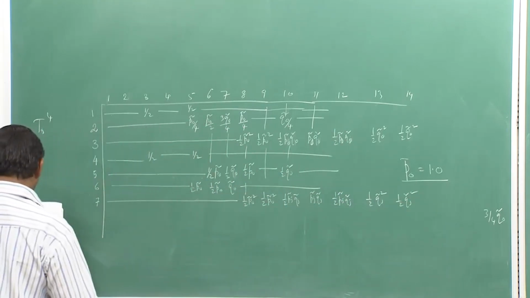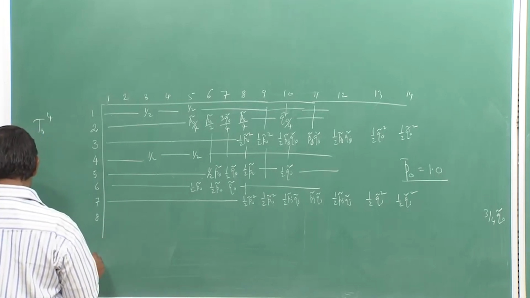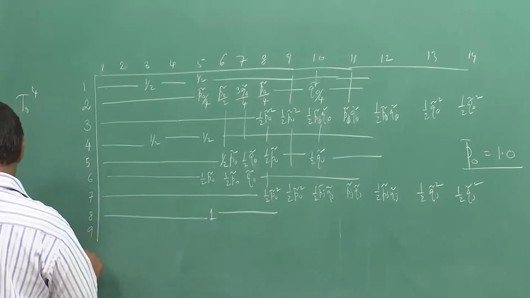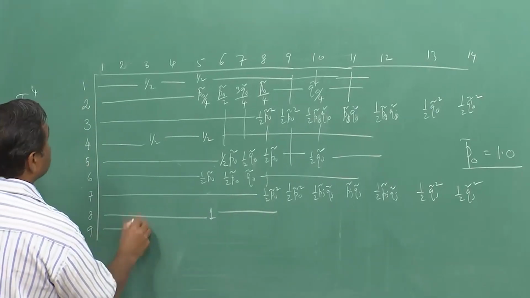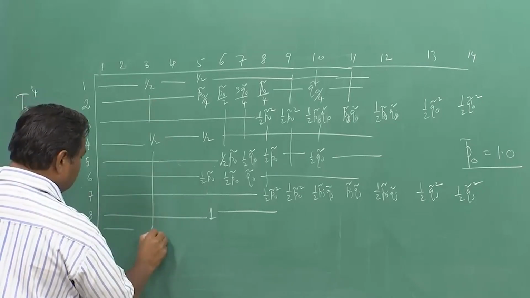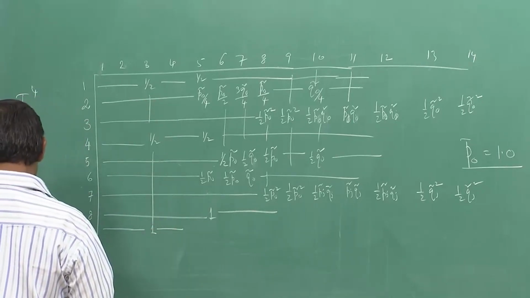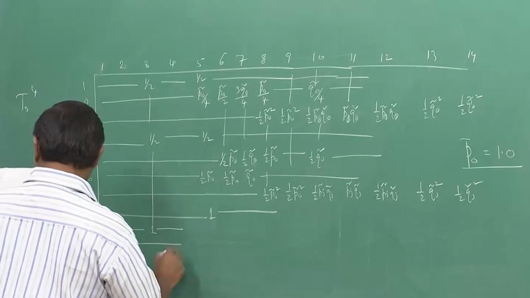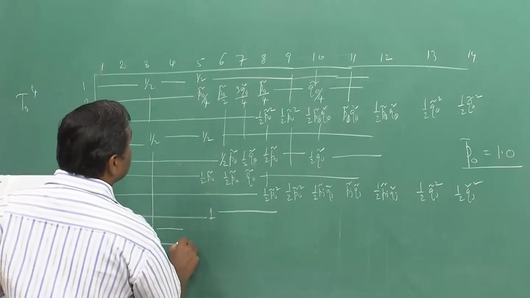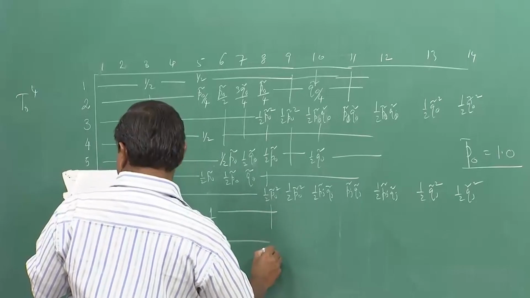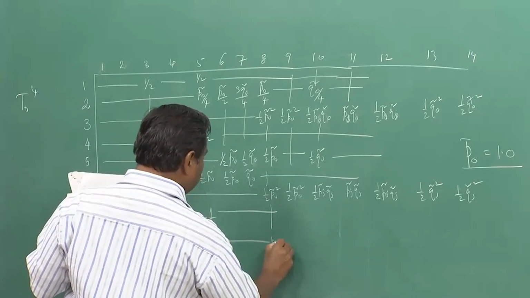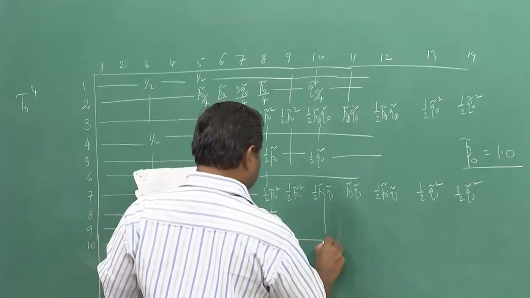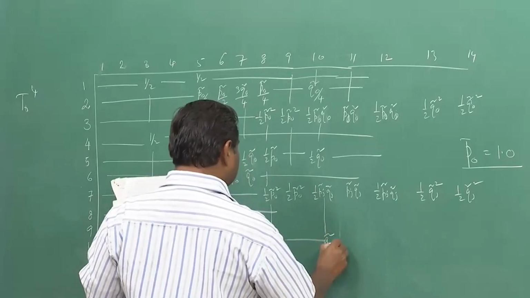Okay. So, 8th will become 5 with probability 1, 9th will become 3 with probability 1, 10th will become 8 with p0 tilde and 10th with q0 tilde.